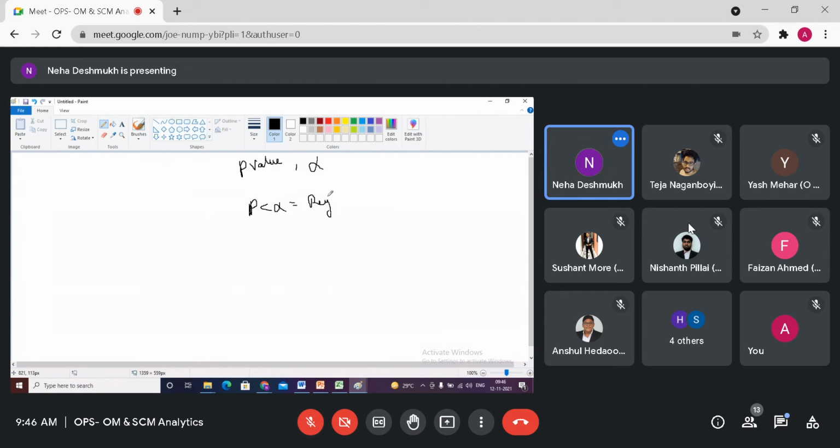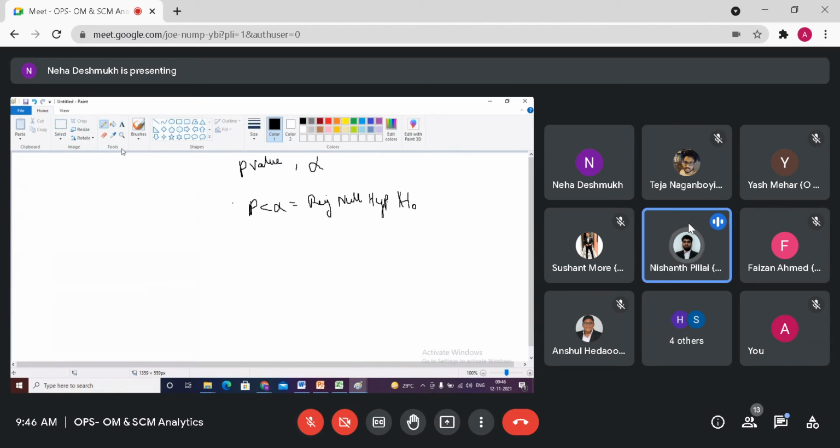Note it down: rejection of the null hypothesis, that means rejection of H0. Is it visible properly, or should I rewrite it?